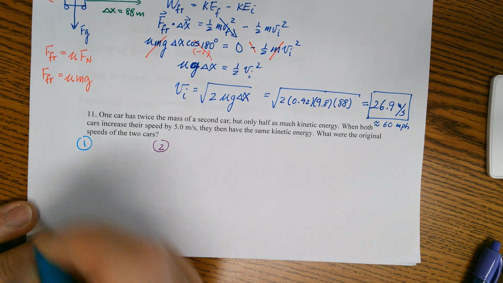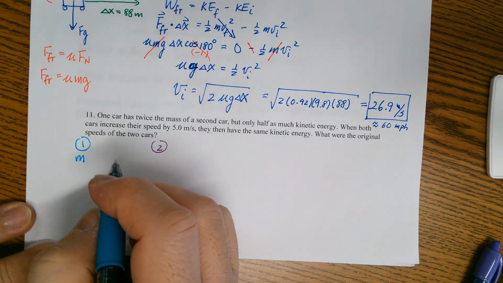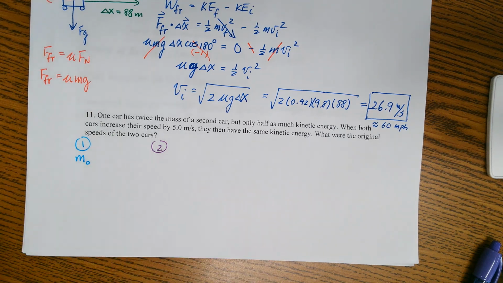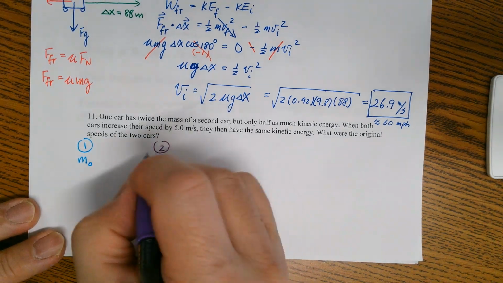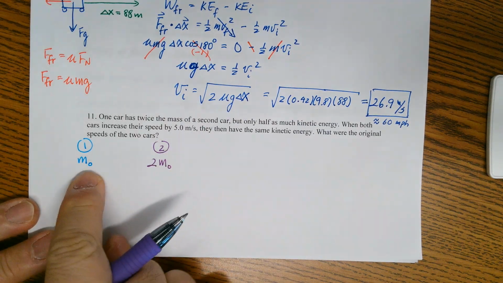Car one has mass, I'm going to say mass naught. Car two has twice the mass of car one.